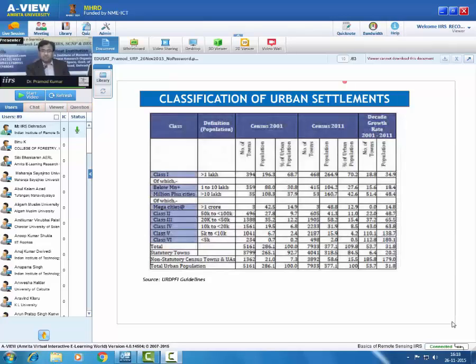In this category, there is a rise: the percentage of urban population as per the 2001 census was 68.7%, and as per the 2011 census, the percentage of urban population in class 1 cities is 70.2%. Similarly, the percentages of urban population in other categories are given in this slide.